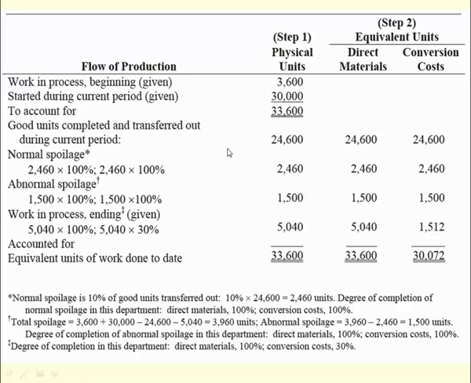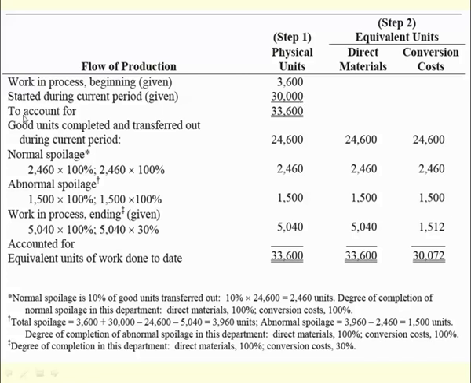First, we need to calculate step 1, physical units. So we start with work in process beginning, and it was given by the amount of 3,600 units. Then we add started during current period, and it was also given with the amount of 30,000 units.